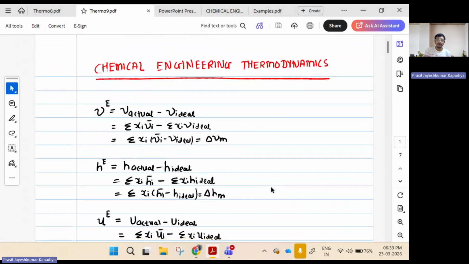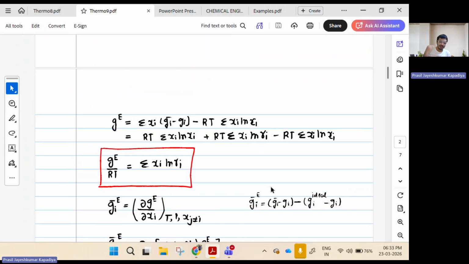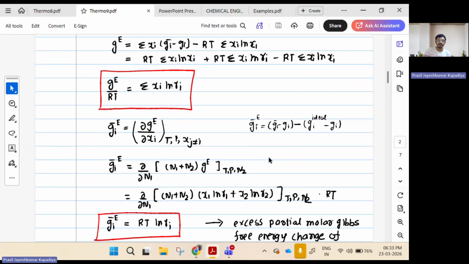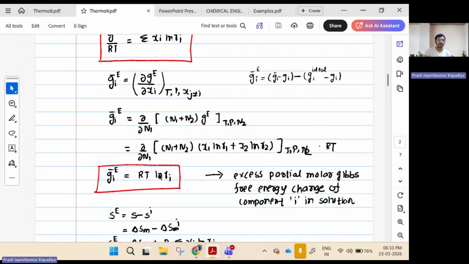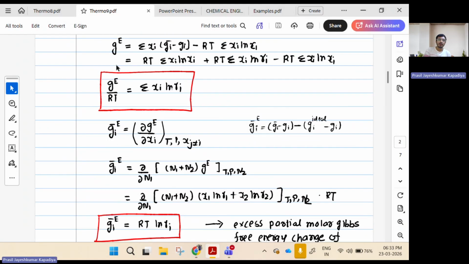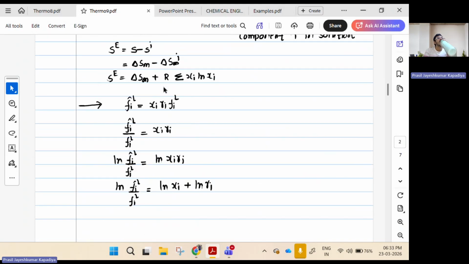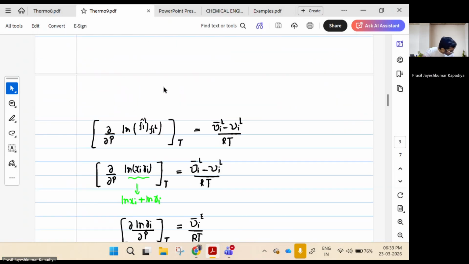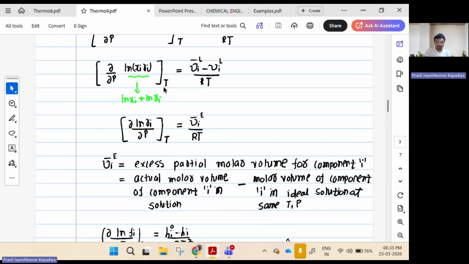Okay, so we defined this Gi bar excess, which is nothing but RT ln gamma i, and the actual property GE is equal to the summation of xi Gi bar excess. And we tried to understand the effect of temperature and pressure on activity coefficient.